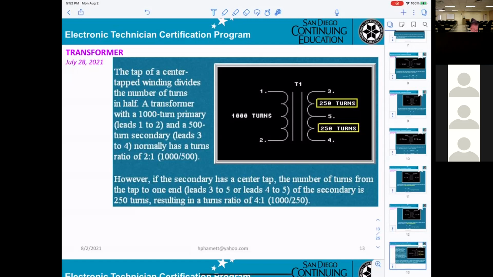So that is very clear to you. Without the center tap you get 500 turns, but with a center tap they divide 500 by 2. So the first half gets 250 and the second half gets 250.